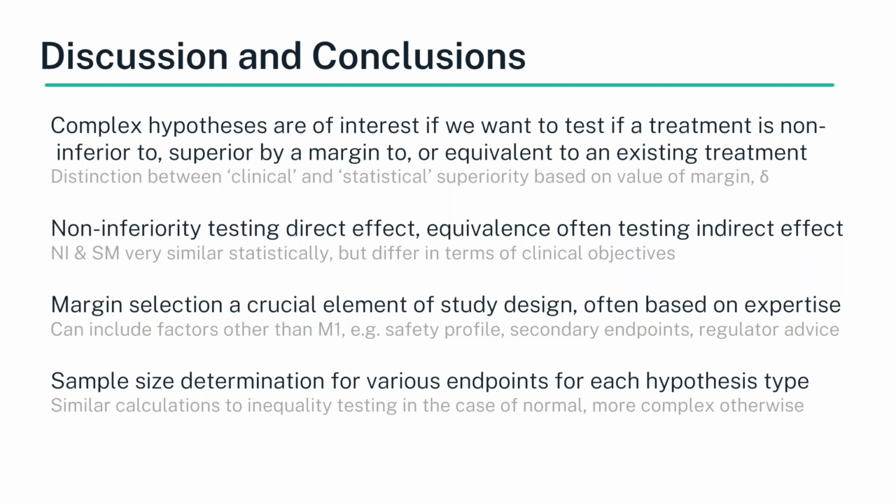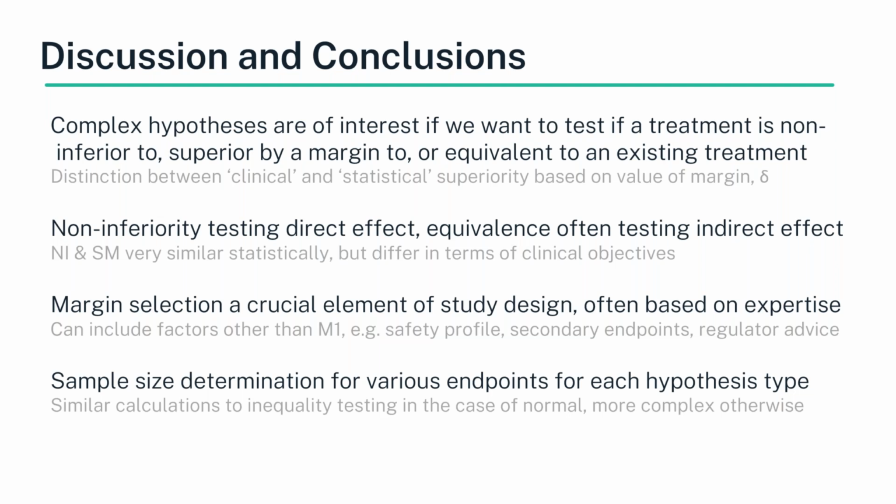And it's a very important aspect of study design. It'll often be based on expertise and prior data, especially in the case of non-inferiority and superiority by a margin testing.